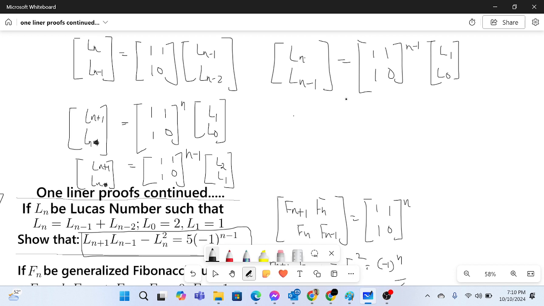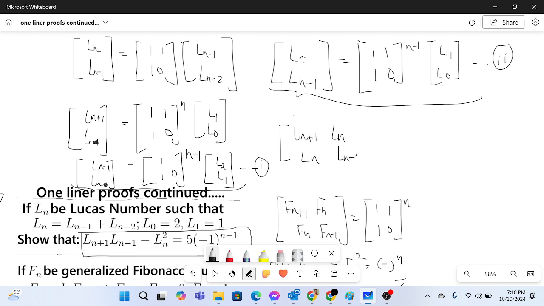Now from here, using these two sets of equations, how I will try to write them is, first of all, I will write this matrix L_{n+1} L_n, and then write this matrix L_n L_{n-1}.